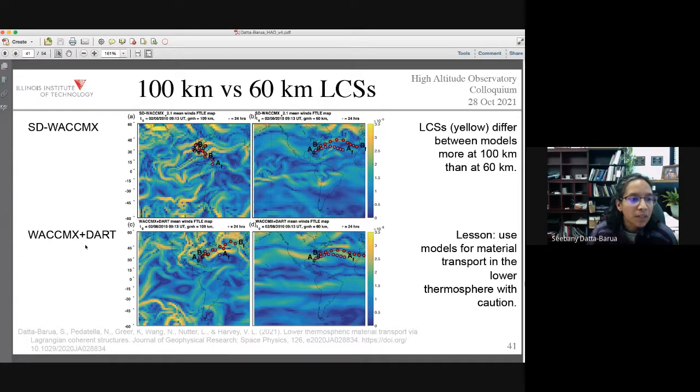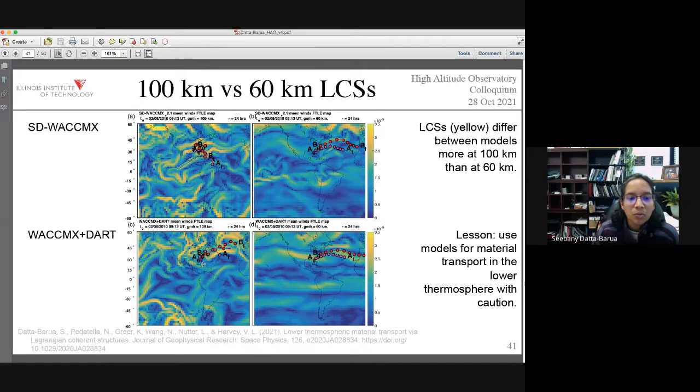GUVI observational data. And we're looking at this 100, actually I guess about 110 kilometers altitude with SD-WACM-X and WACM-X DART below. On the left-hand side at 110 kilometers and the right-hand side 60 kilometers. And what you can see is that the LCSs differ a lot at 100 or so kilometers, more so than they do at 60 kilometers.